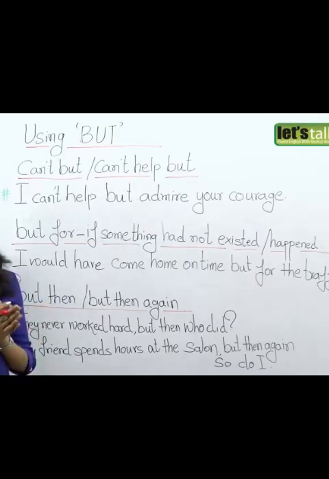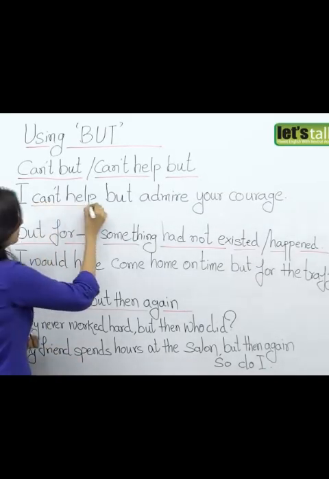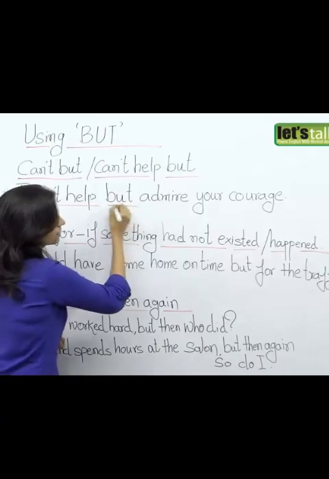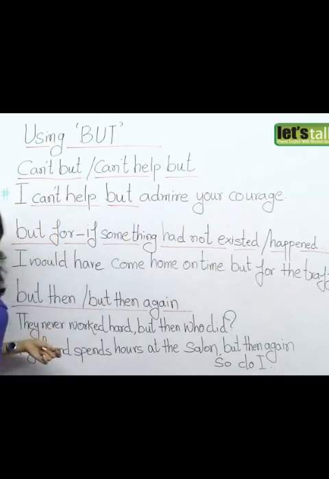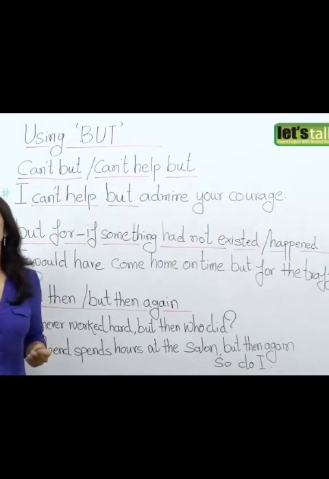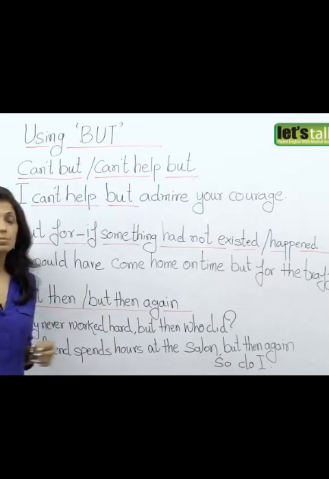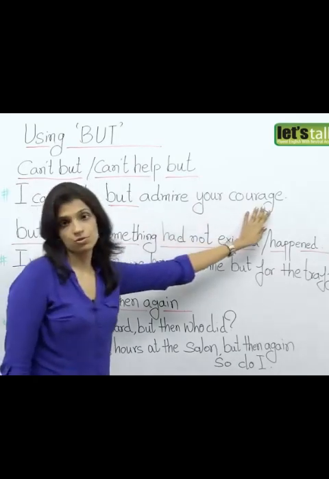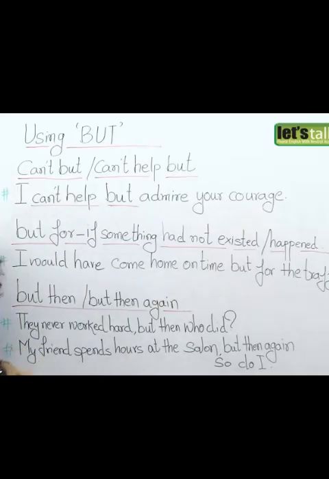Okay, so moving on to the next one, can't but or can't help but. Now we use this when you want to emphasize that something is true and there is no other possibility. For example, I can't help but admire your courage. Well, there is no other possibility. It is true that you're a very courageous person, so I can't help but admire your courage. Well, probably if you're injured, you say, I can't help but cry in pain.